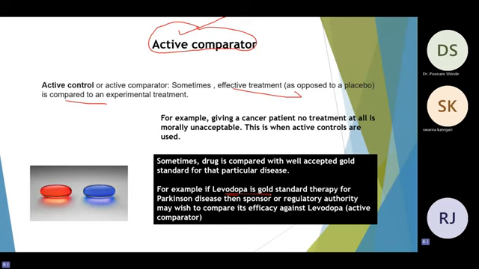If I am developing any drug for Parkinson disease, then definitely the regulatory authority and sponsor will wish to know whether my drug is better or equally effective compared to levodopa or not. So in our trial, if I'm comparing my drug with levodopa, then I will call levodopa my active comparator. Everybody got it, right? What is placebo, what is active comparator? Any questions so far?